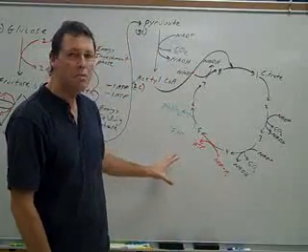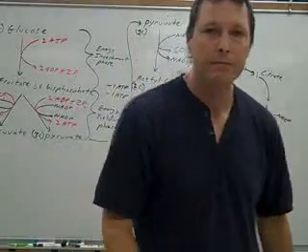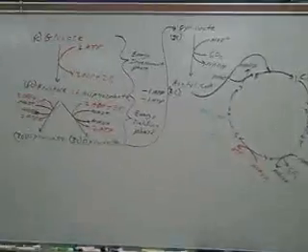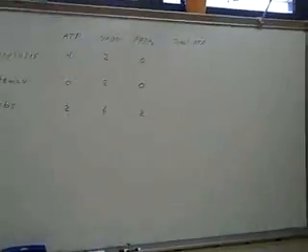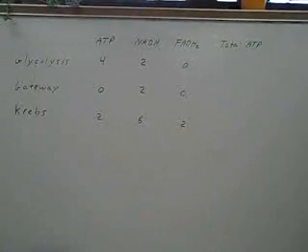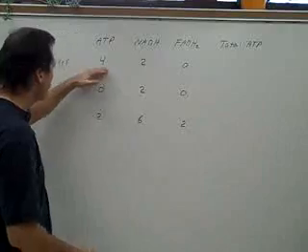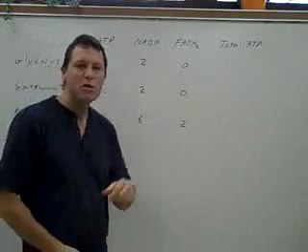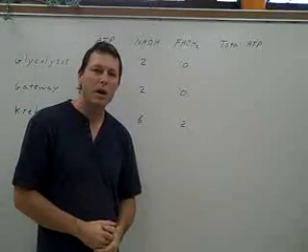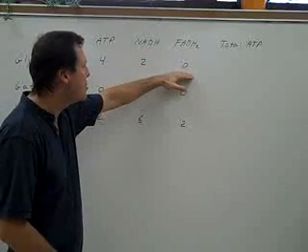Now, what we want to do at this point is tally up all our energy. So let's go ahead and tally up our energy. We're going to start with glycolysis. We produced 4 ATP with glycolysis, 2 NADHs, and no FADH2s.